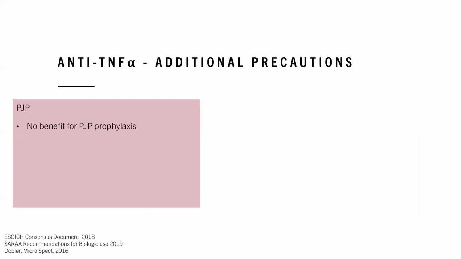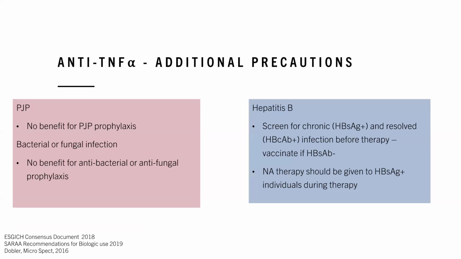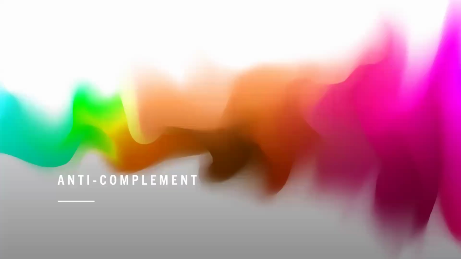There's no general benefit for use of PCP prophylaxis if you're using an anti-TNF alpha, and no benefit of bacterial prophylaxis either. If you are Hep B surface antigen positive, people should also be put onto treatment for hepatitis B. If they're negative, then you should vaccinate them before you put them on the agent.